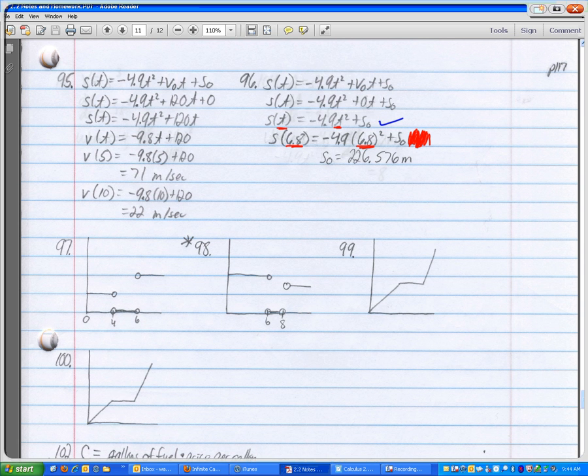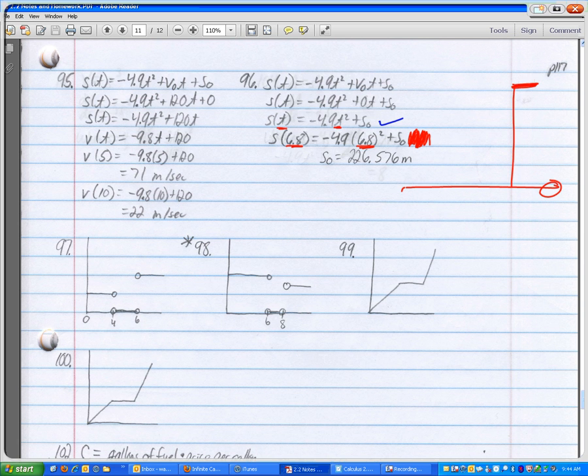Now, what else is happening at 6.8 seconds? Well, it stops, but what's its position? It's at 0. It hits the ground. So if the top of the building is the initial position, make ground level 0, and then the height of the building is whatever the height of the building is.